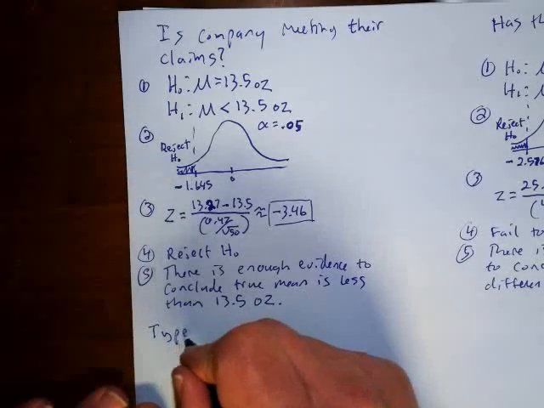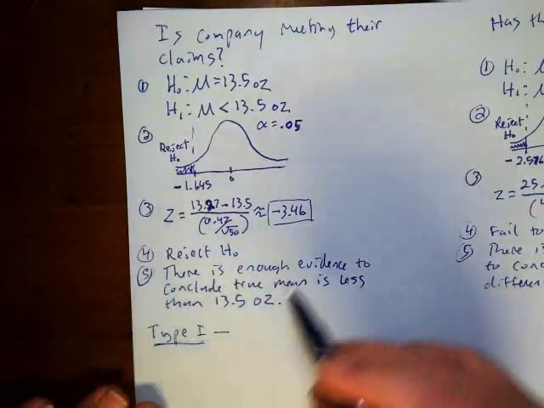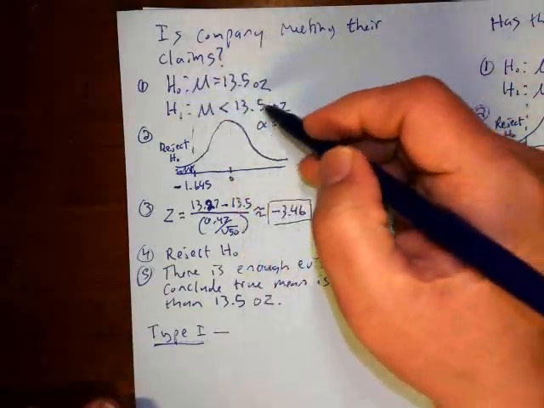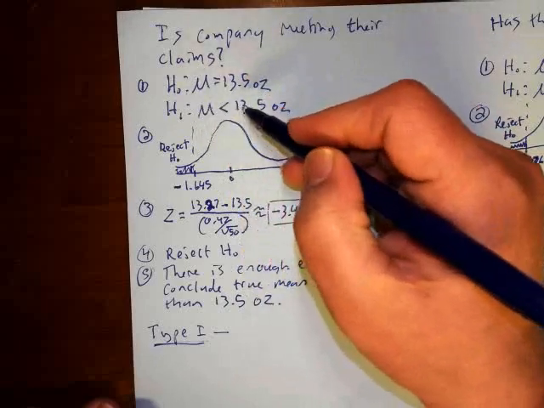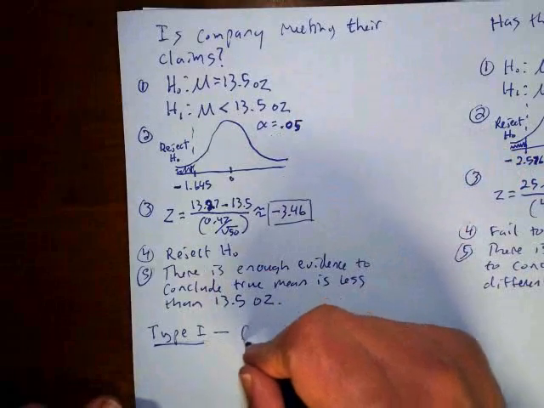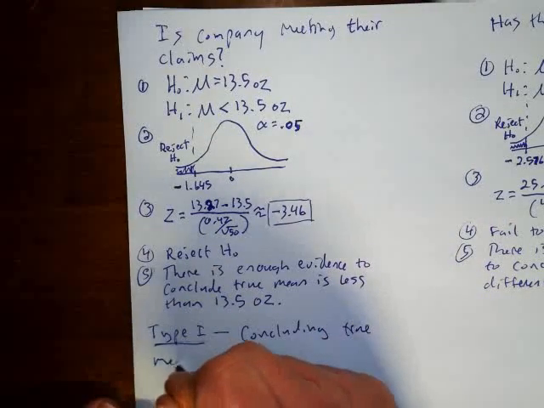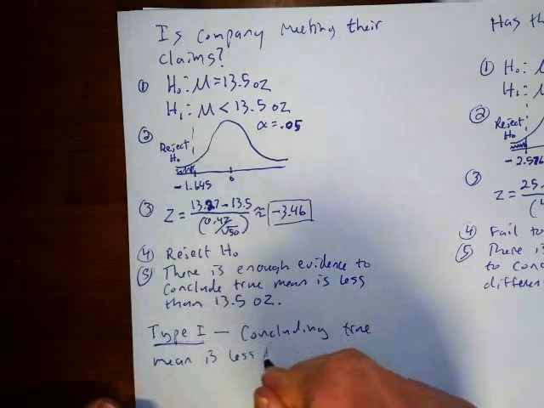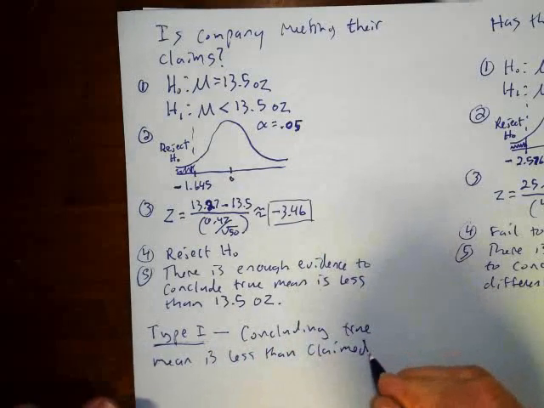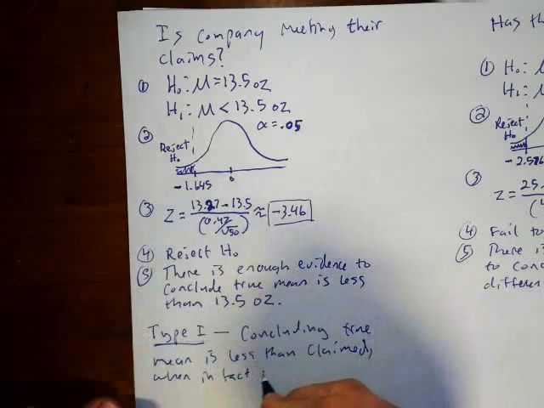Now, first of all, I want to show you. Let's see if we can figure out what the type 1 and type 2 errors are. In this test, the type 1 error would be rejecting H naught and concluding that the true mean is less than 13.5 ounces, when in fact it's not. So this would be concluding the true mean is less than claimed, because 13.5 ounces was the claim, when in fact it's not.